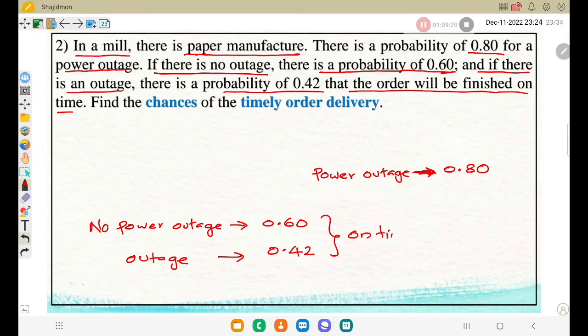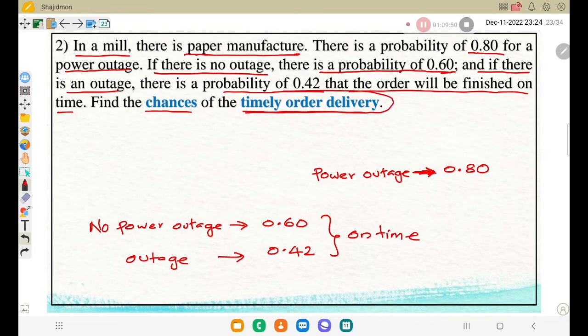If no power outage, 0.60 on time finishing probability. If there is a power outage, 0.42 on time finishing probability. Now find the probability of timely order delivery.